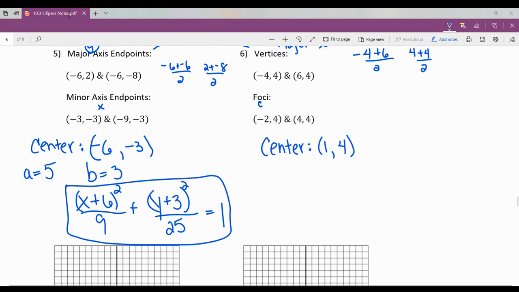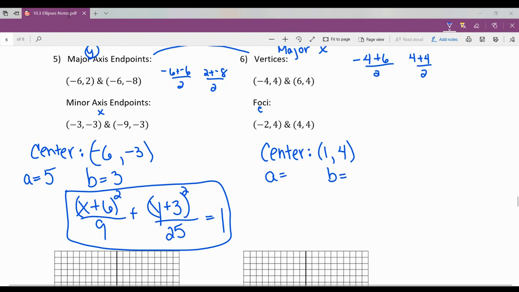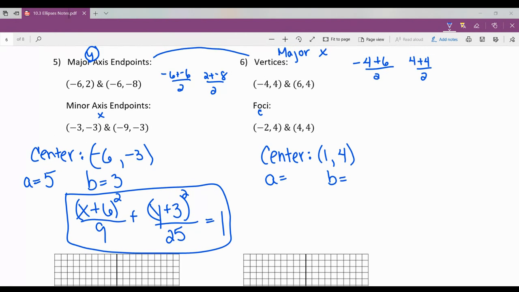So I've got to figure out what my A is and what my B is. From my center to my major axis endpoints, my vertices, I go from 1 to 6. That's a distance of 5. So my A is 5.